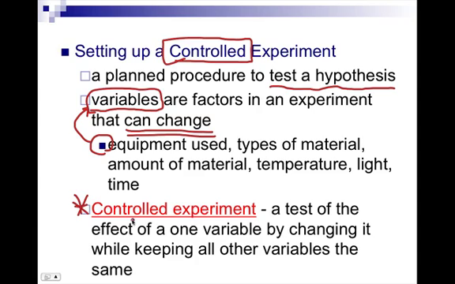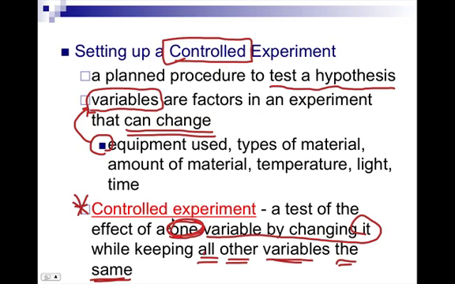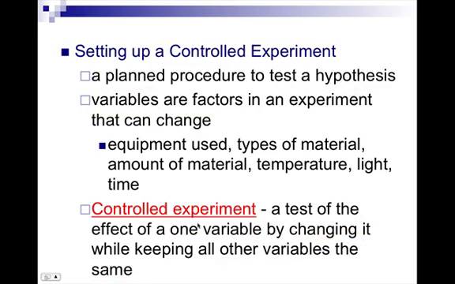A test of the effect of one, and this is one thing that you always have to remember, just one variable, by changing just that one variable and keeping all other variables the same. So this is the key. In a controlled experiment, we're just changing one variable.